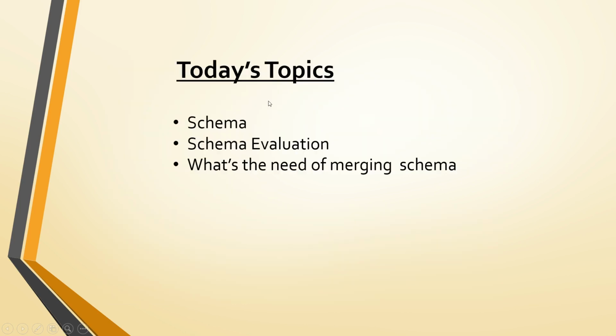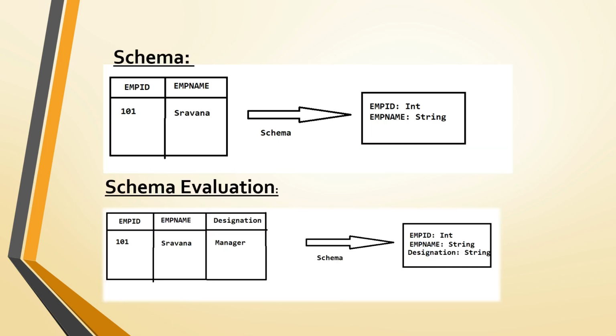Then what is schema evolution? Schema evolution means performing addition, deletion of fields, and also any appending operation or any operation that you can perform on a schema to modify a schema is called schema evolution. For the existing schema, we are just adding a new field here.